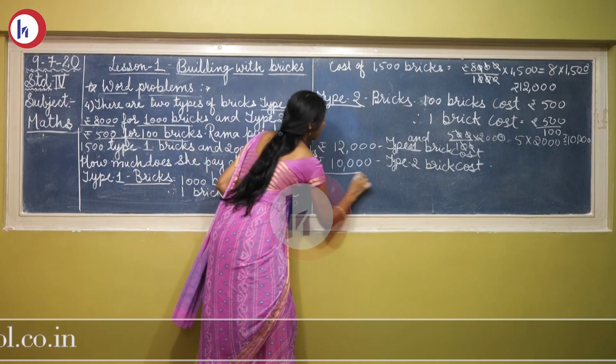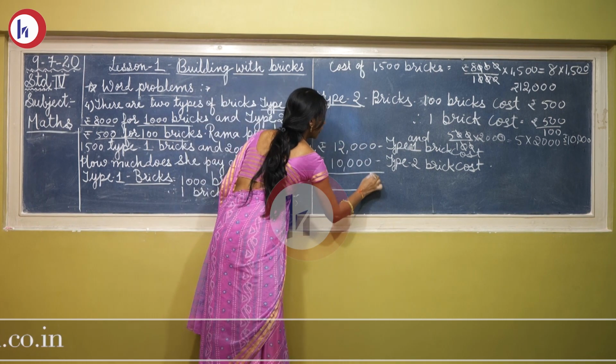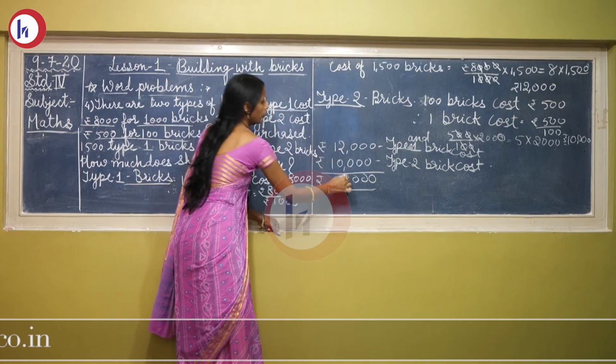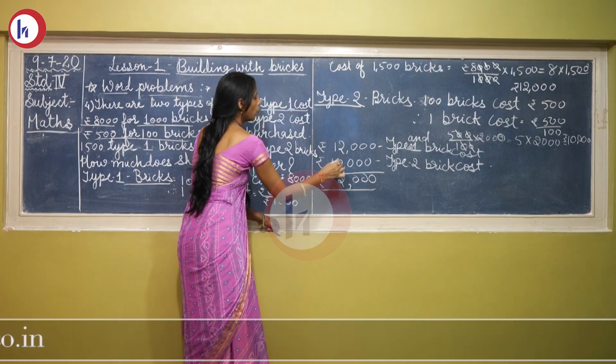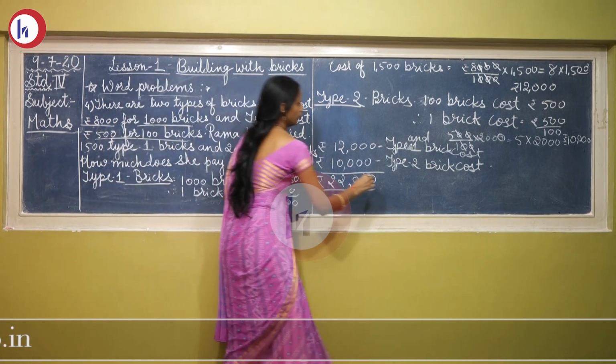So find the total amount. 0 plus 0, 0, 0 plus 0, 0, and this 0 plus 0, 0. Now 2 plus 0 is 2, 1 plus 1, 2. So the total amount is 22,000.